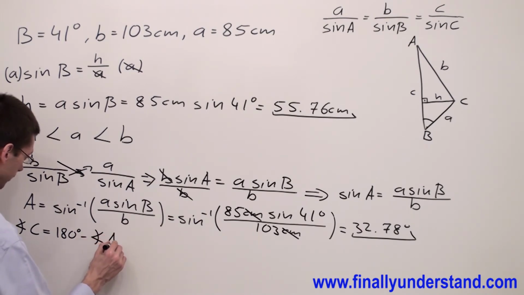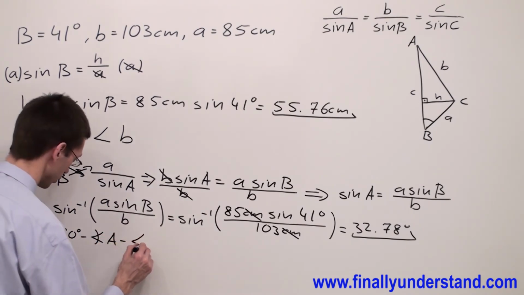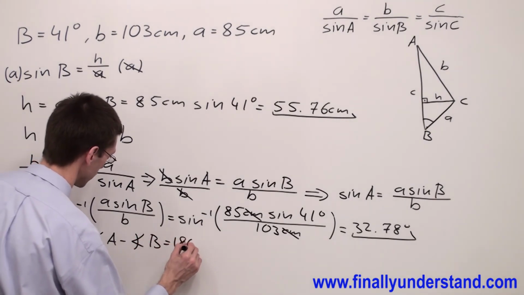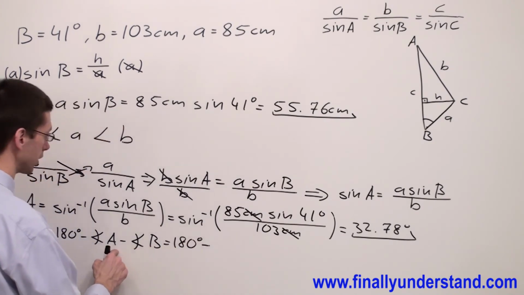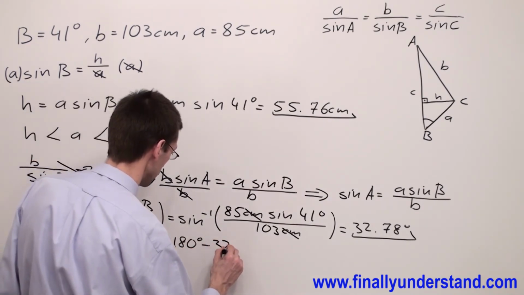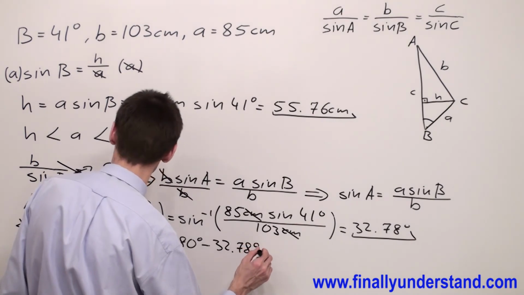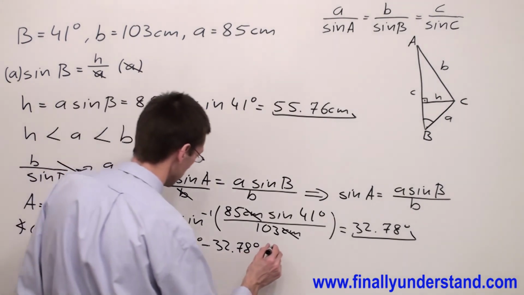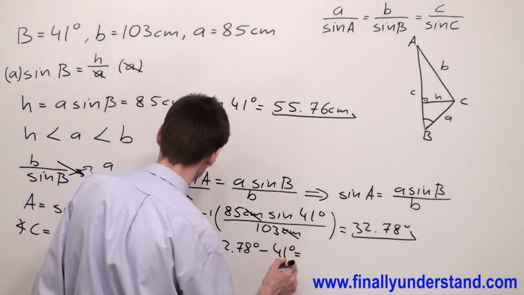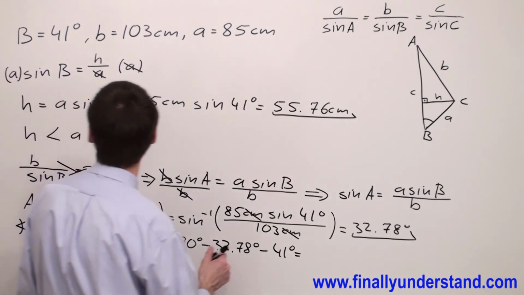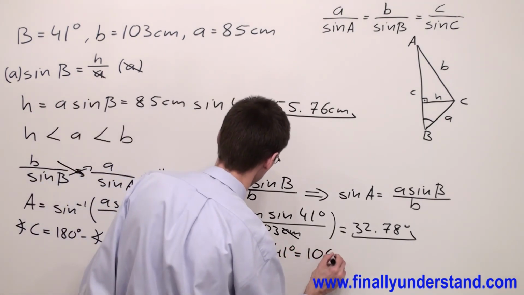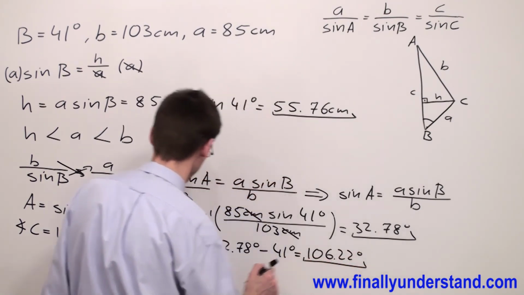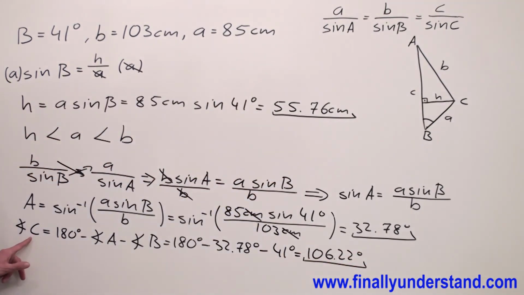This is equal to 180 degrees minus angle A, which is 32.78 degrees, minus angle B, which is 41 degrees. Okay, this is equal to 106.22 degrees. Okay, this is my angle C.